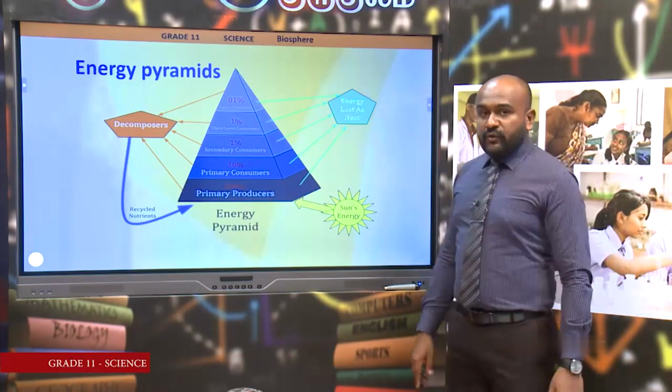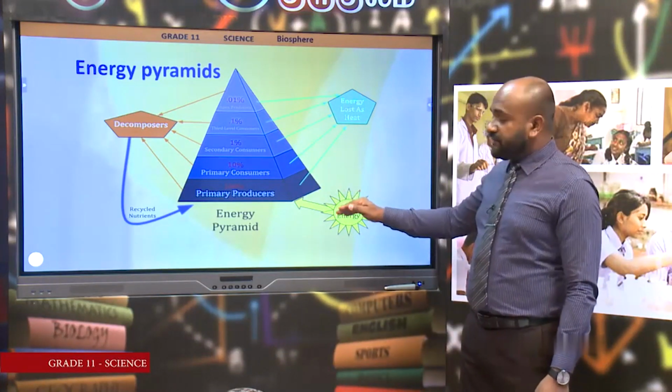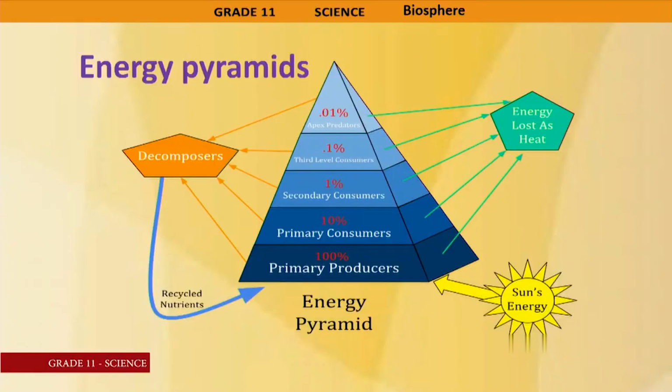Yeah. So, you can see on the screen now, this energy comes from the sun to primary producers, and you can see how much energy has transferred to one trophic level from the previous one.